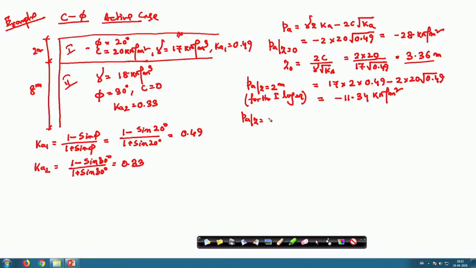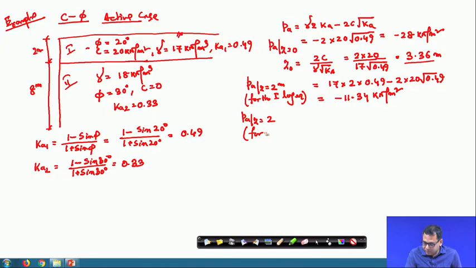Now, the PA at z equal to 2 meter for the second layer will be, now the second layer is only phi soil. Okay.